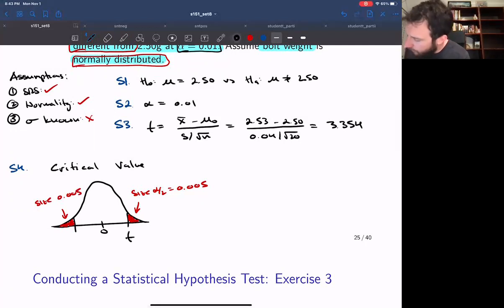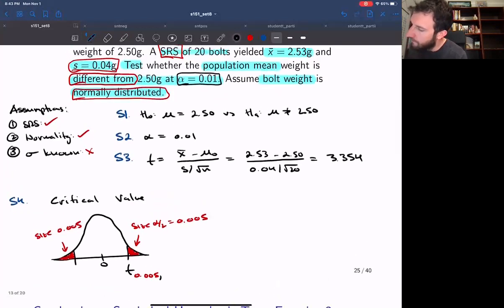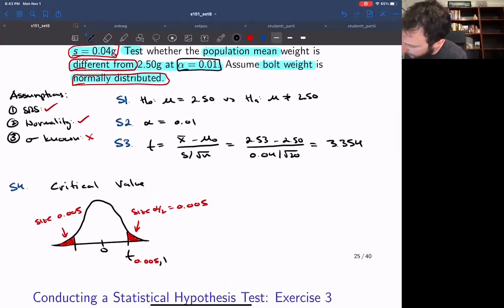Okay, so this critical value is a t-value on 0.005, and we have a sample size of 20, so that means 19 degrees of freedom, because the degree of freedom is n minus 1. Okay, so that means in the lower tail, we're just going to have the negative t 0.005, comma 19.